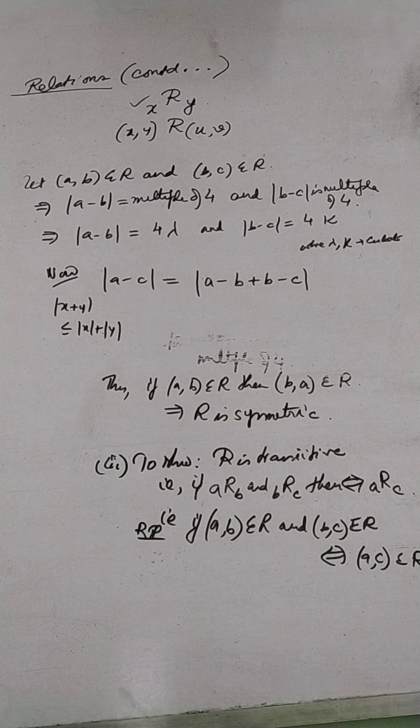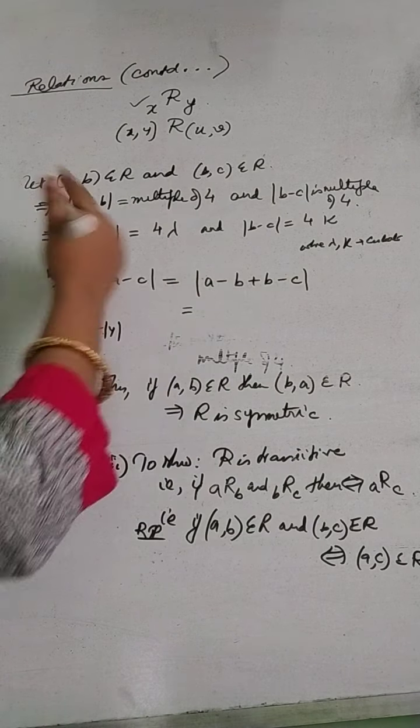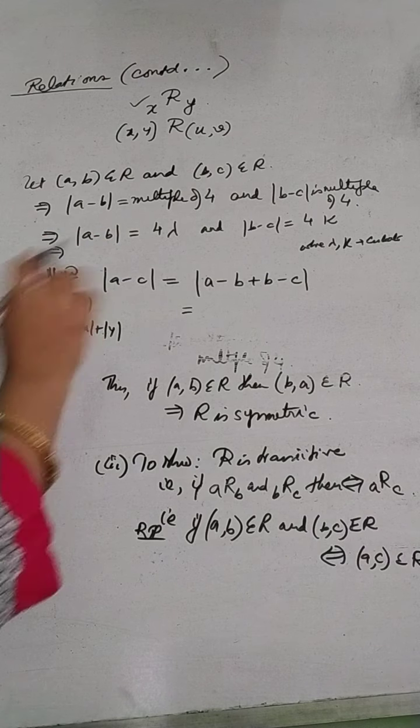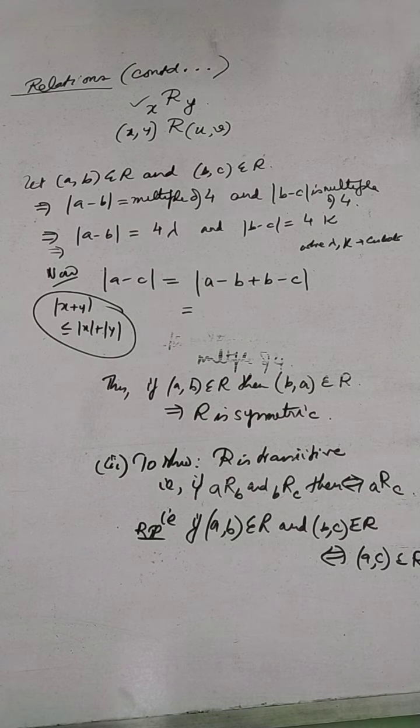Then we will apply this directly. Or you can do one thing, you can separate them. Instead of using this, suppose you don't know this property, then how will you proceed?